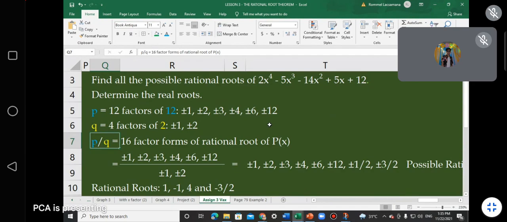So for this one, if I were you, please follow Sir Romel. Divide the numerators by 1. It gives you the whole number. The numerators themselves will appear there as your whole numbers. Did you get that?